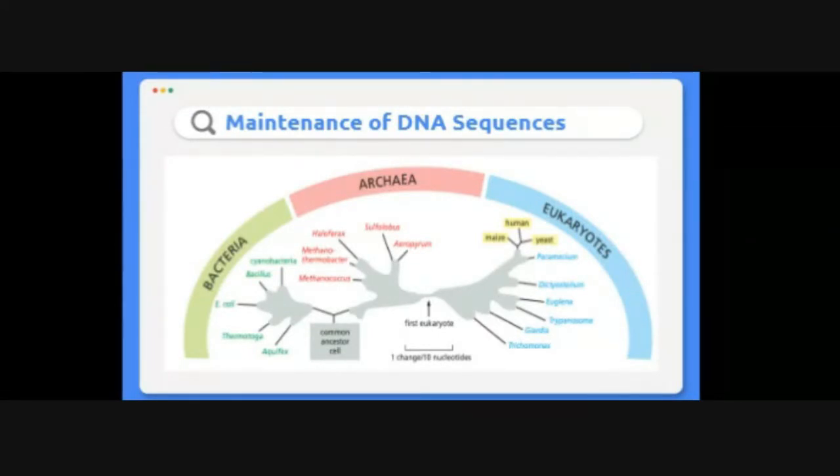So now, since we want to avoid these mutations, we will take a look at how our cells during DNA replication avoid having these mutations. Okay, so throughout this lecture, you will have an idea on how our cells they avoid for us to have mutations in our DNA. Okay.